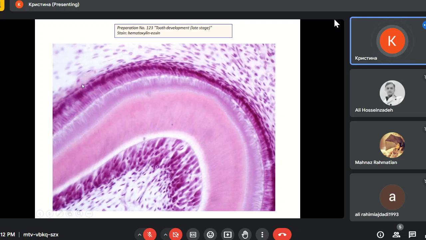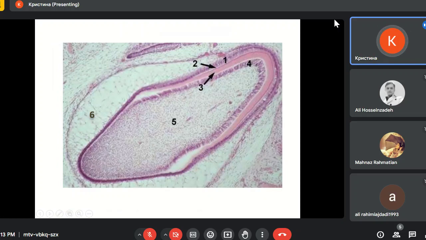It consists of outer enamel epithelium, a collapsed stellate reticulum, and intermediate epithelium. So the three are collapsed and they form a very thin layer of the future cuticle of the tooth. Everything which surrounds it is just the mesenchyme. So the same is here.